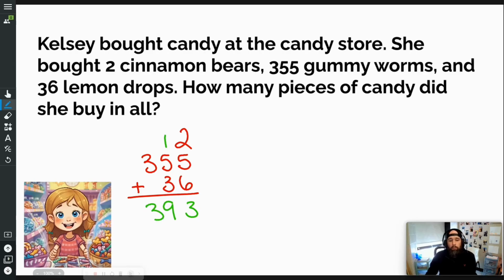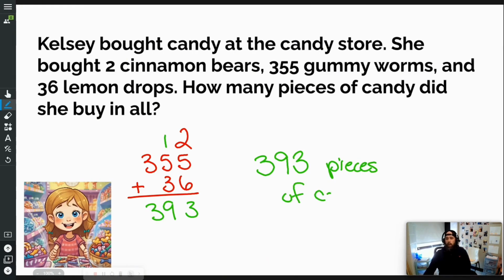And we only have a 3 over there. So we end up with 393. Now, what are we talking about? Pieces of candy. So Kelsey bought 393 pieces of candy. Okay? All right. Let's keep on trucking.